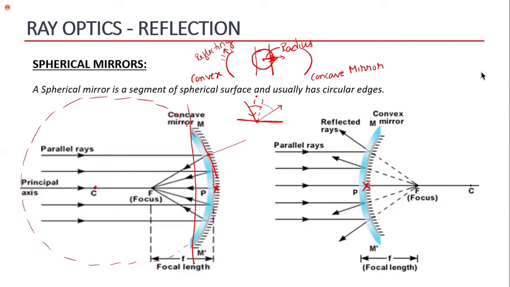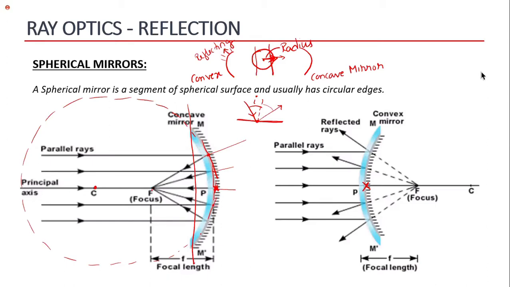At this point, a tangent and a normal. At every point, a tangent and a normal. So if you draw tangents at every point and the normals at every point, all these normals will come and meet at your common point called as focal point.